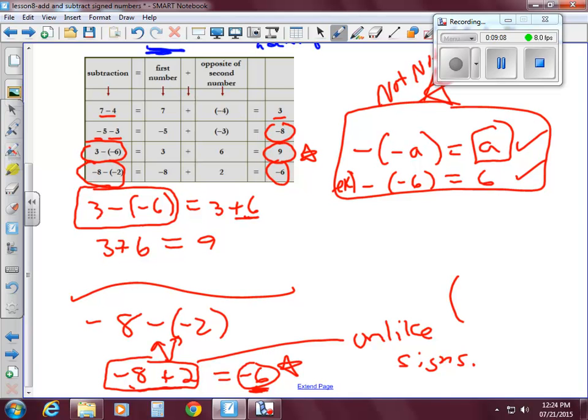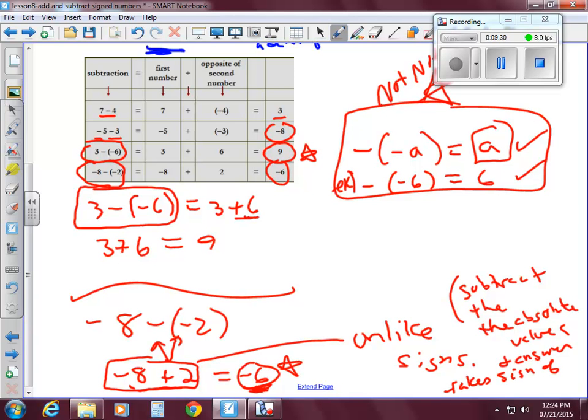If you're looking for a recipe, subtract the absolute values of the two numbers, like 8 minus 2 is 6, but then the answer takes the sign of the larger number. So I'm writing that here: answer takes sign of larger number.